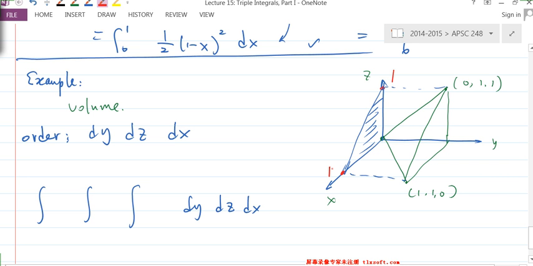So for this side, it's a straight line. In terms of the equation, which should be what? There's no y. Y is 0. Exactly. X plus z equals 1, right? So that's the line over there.